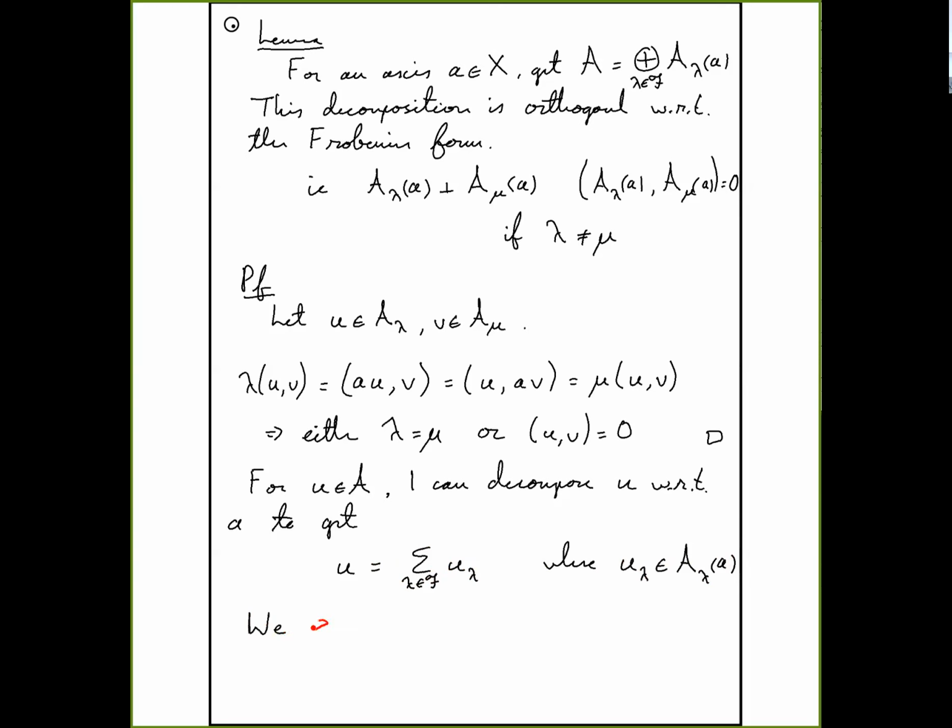We call U lambda the projection of U onto A lambda. Oh, my writing's terrible today.